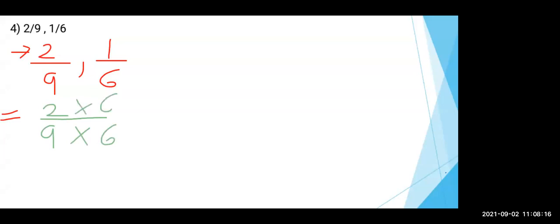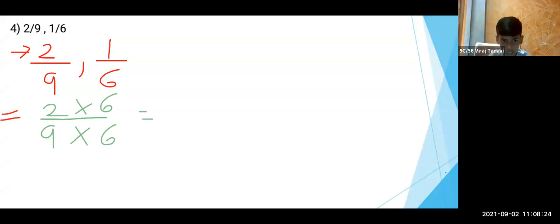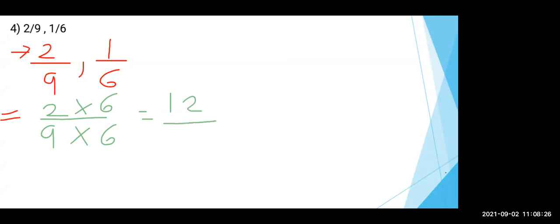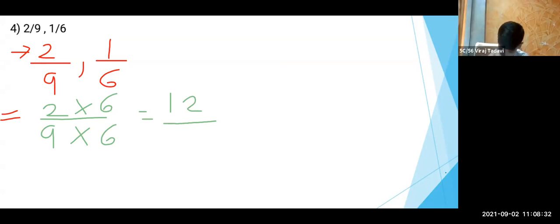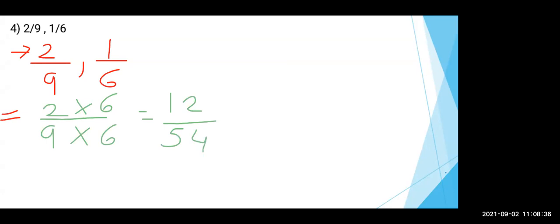That means the first number should multiply by the second number's denominator. Now tell me, 2 6s are? Teacher, 2 6s are 12. Very nice. And 9 6s are? 54. Okay, very good. Now mute yourself so that I can give the chance to the next student.